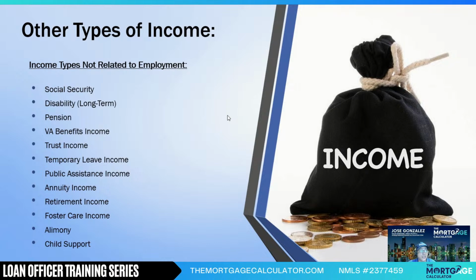So, some of the income types not related to employment, the most common ones that we deal with in this scenario that we're talking about: Social Security income, disability, long-term disability income, pension income, that's a really popular one, VA benefits income, trust income, temporary leave income, also known in some cases as short-term disability.